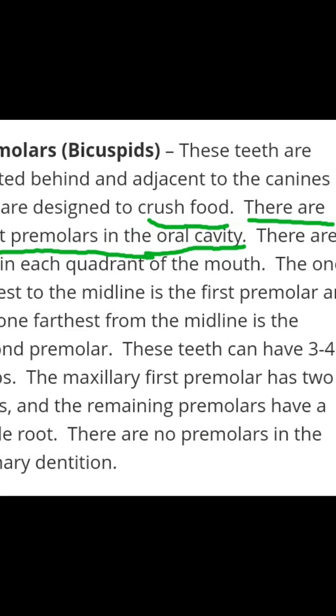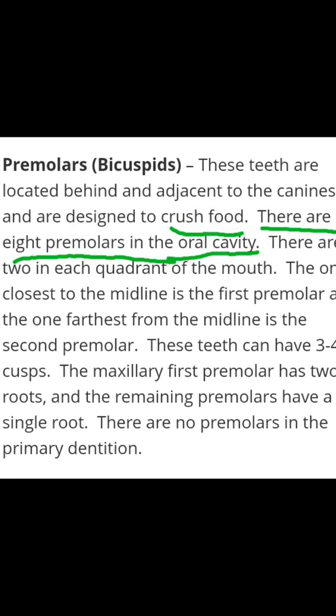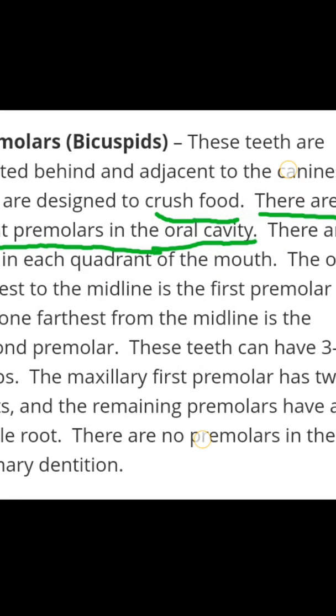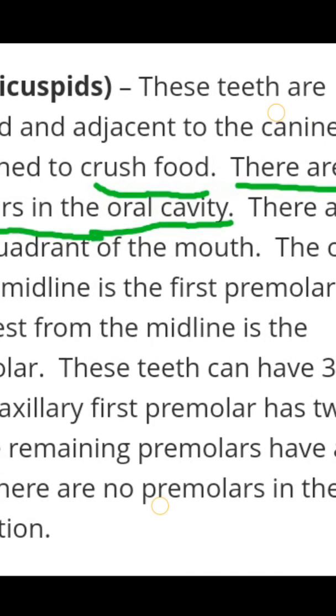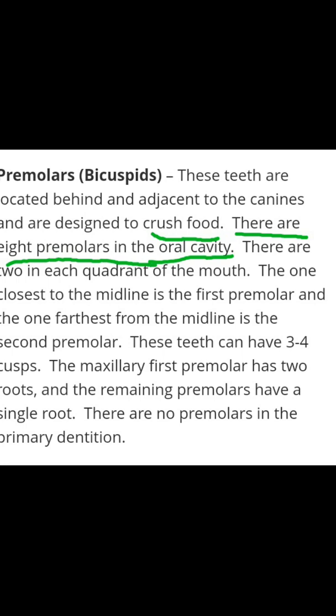Similarly, premolars. Now these premolar teeth, their basic function is to crush the food. The food that you eat needs to be crushed, and this crushing portion is done by premolars.